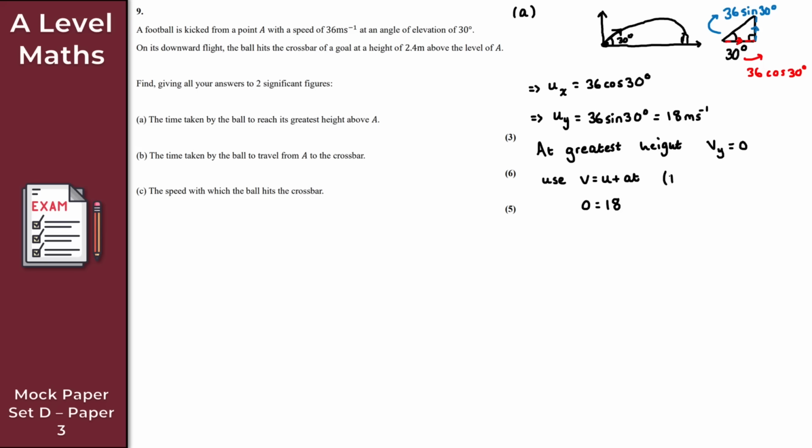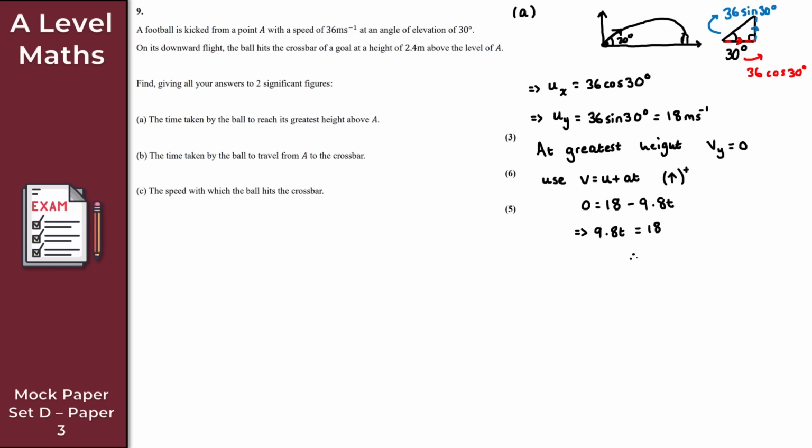So A will be minus G here. So just be very, very careful for that. I'm going to get minus G times T. So I get minus 9.8 T there, right? Because G here, we take that to be 9.8 unless told otherwise. So minus 9.8 T there, okay? And all we simply need to do here then is just solve for T, right? So what I get here is 9.8 T is equal to 18.